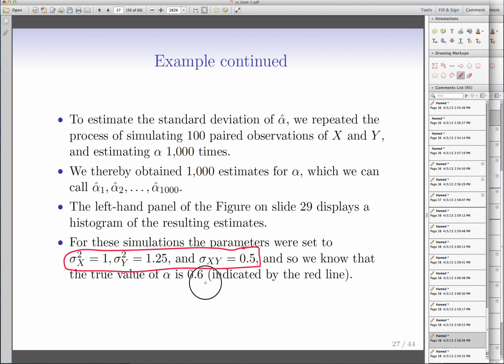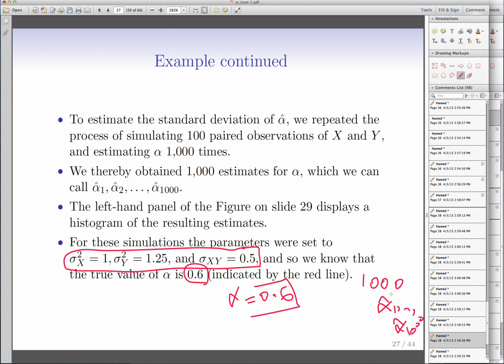If you plug these numbers in, since these are realities, the real alpha would be 0.6. That's what God did, and he created thousands of samples, each one having 100 observations inside. In the previous slide, I showed you 4 samples. So let's say he created 1,000 samples. Each sample had 100 numbers, and you estimated alpha hat 1, alpha hat 2, up to alpha hat 1,000.